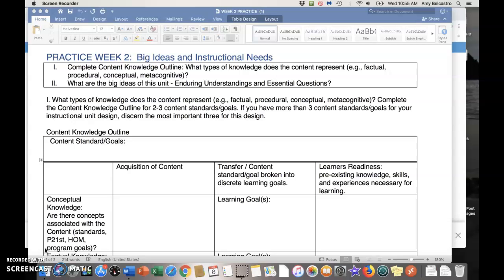We will be building on the topic and standards that you identified for your learners last week, looking at what are those big ideas and instructional needs, and how do we take those unit goals, whether they're content standards or professional goals or 21st century skills, habits of mind, etc. How do we take those and break them down into the key concepts, knowledge, and skills that we want our learners to walk away with?